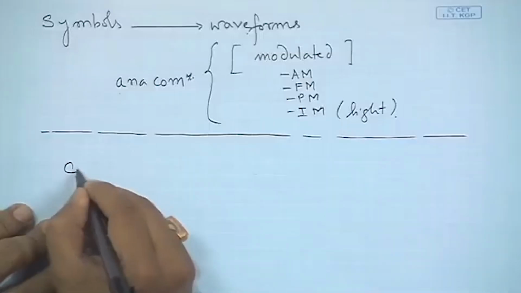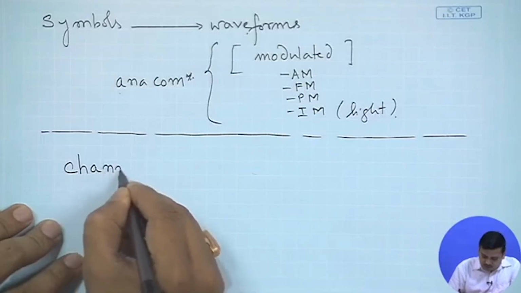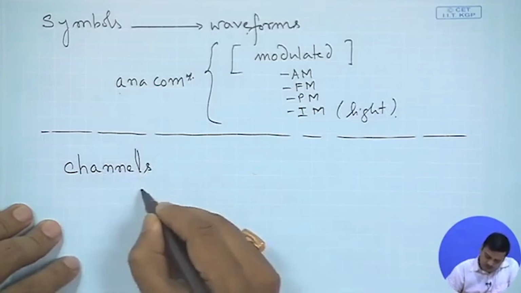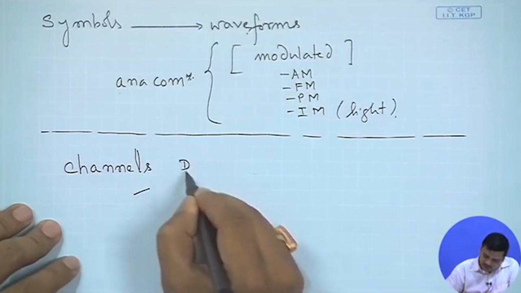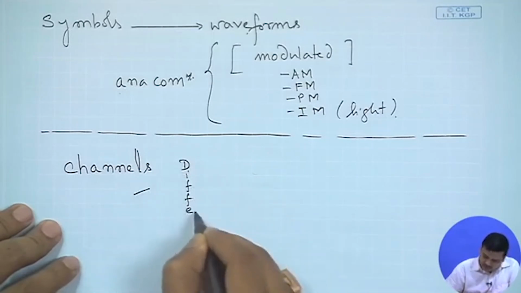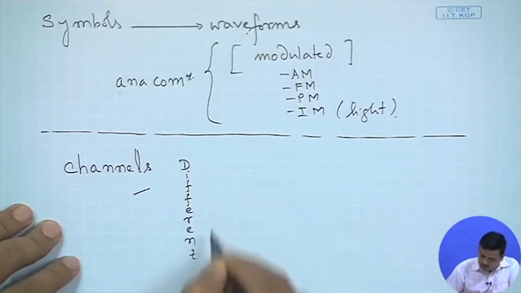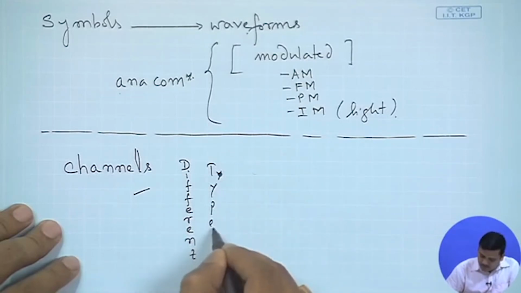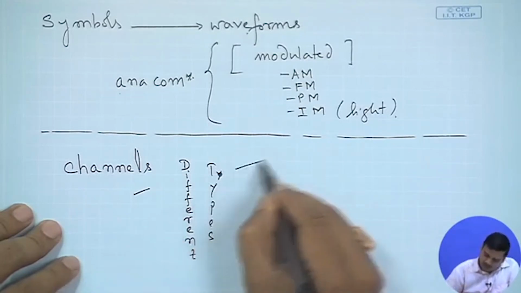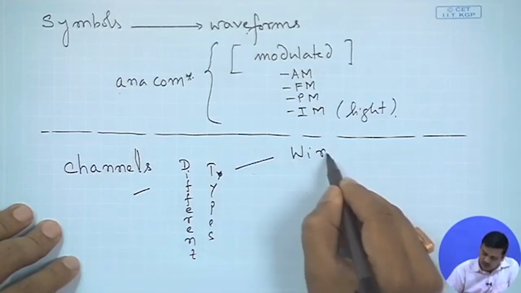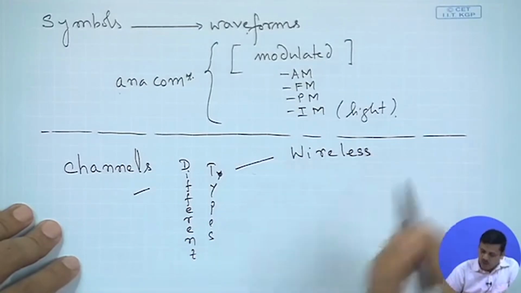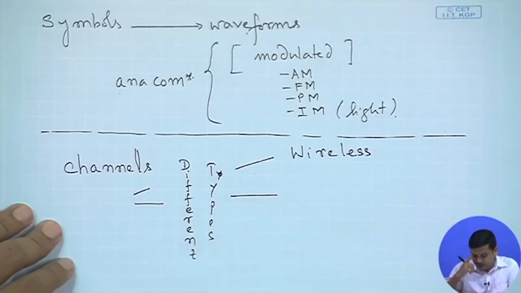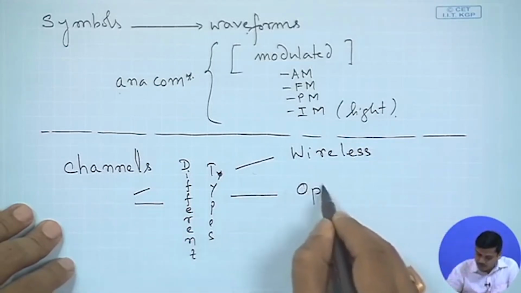So when we talk about the channels, channels could be of different types. One of the classifications could be a wireless channel. The other type, you could say, is an optical fiber.